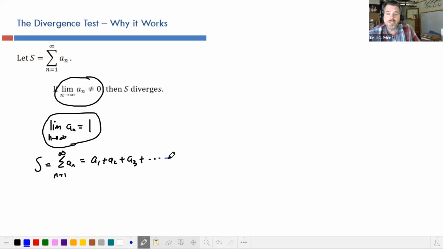Basically, it means at some point, your a sub n's are starting to look like 1s. So after some point, who knows where it happens, you're basically adding up a bunch of 1s, and you're doing that forever and ever and ever. Now, it's not exactly 1, but it's forever close to 1. So 1 plus 1 plus 1, that's why I put it in quotes. It's like 1 plus 1 plus 1. So this thing is going to equal infinity.